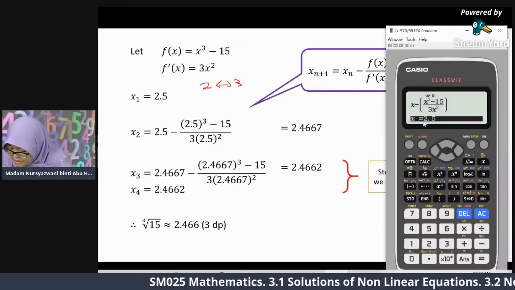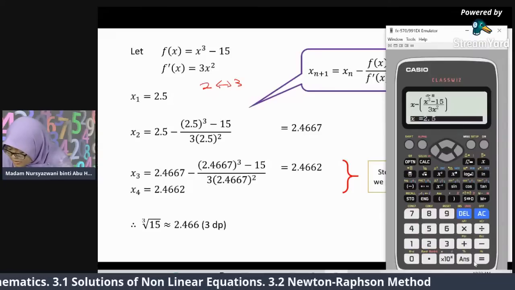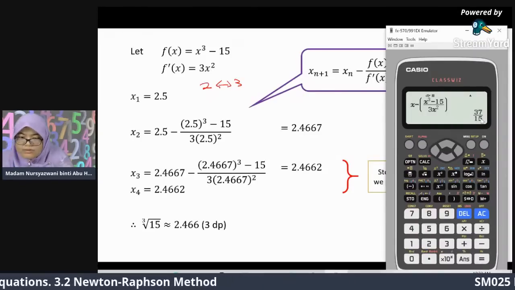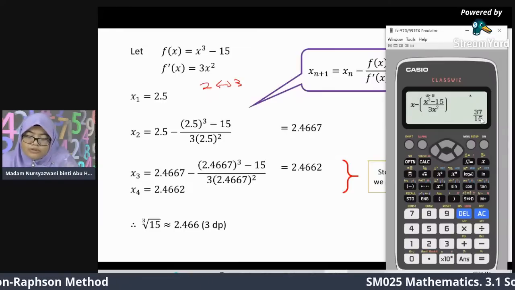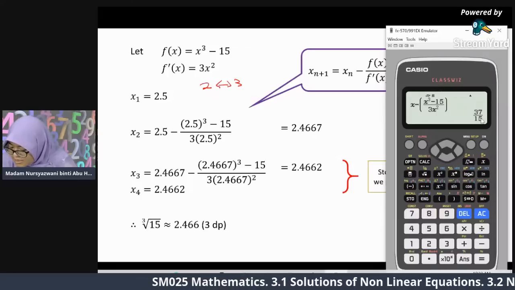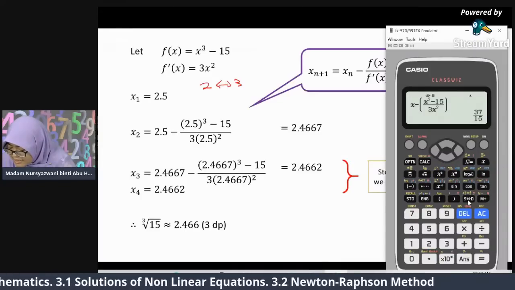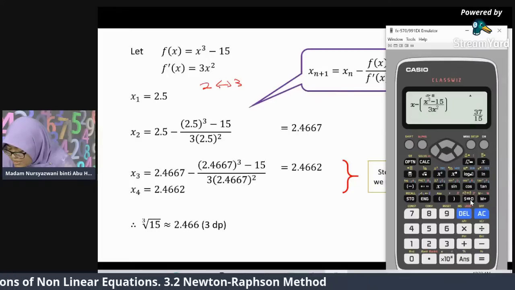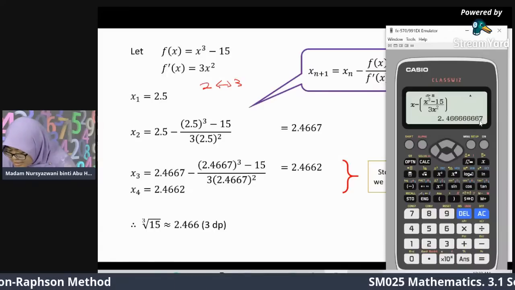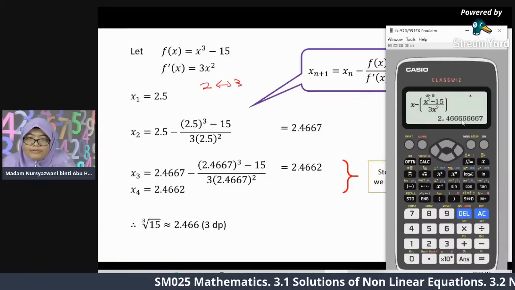So dia akan keluar color gelap. So color gelap ni hanyalah nak tunjukkan nilai x yang awak masuk. Tekan lagi sekali equal. So awak akan dapat 37/15. Okay, untuk numerical method, your answer must be in decimal. So you have to convert fraction form to decimal form. So tekan S to D ni. So you get 2.4666. So awak just ambil sekadar 4 titik perpuluhan.